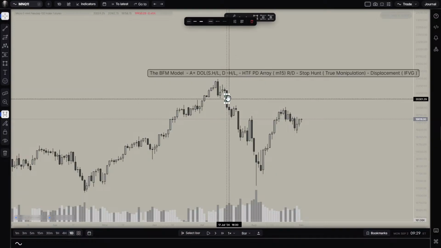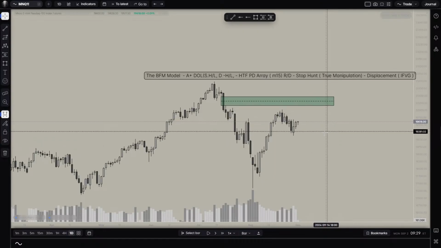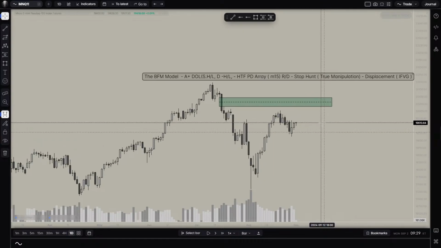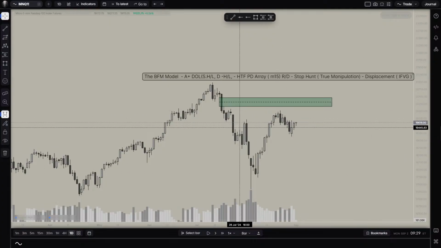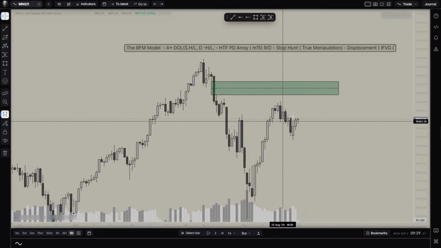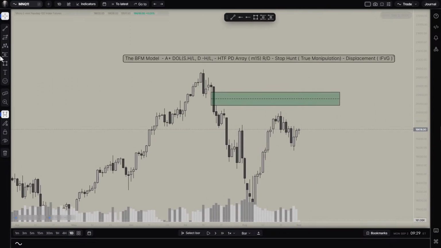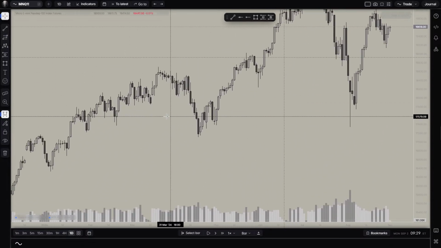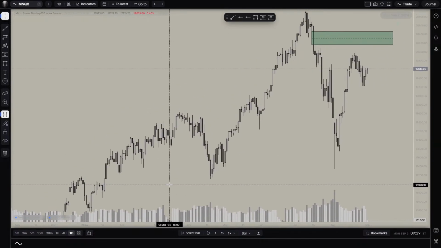we can see a daily imbalance which has been unmitigated. It means that the price didn't mitigate this fair value gap, this sell side imbalance. Okay, so these are A plus draws. Let me give you another instance.